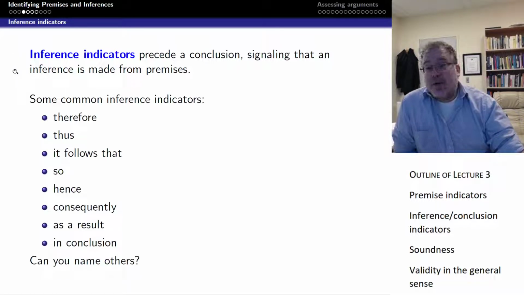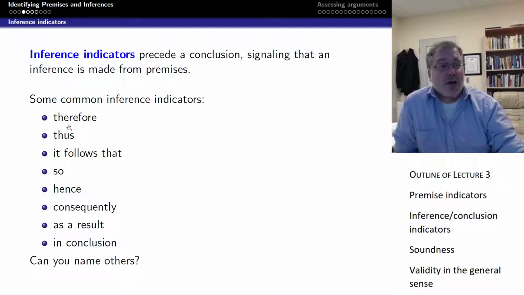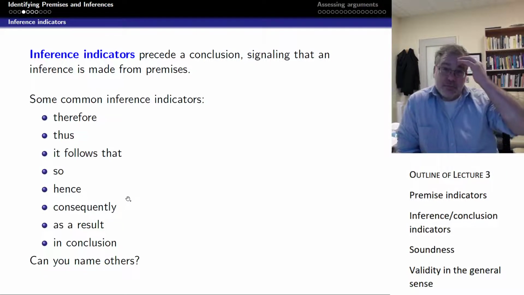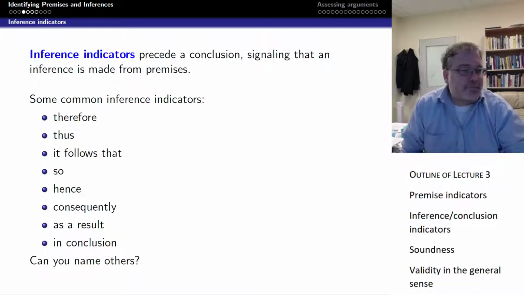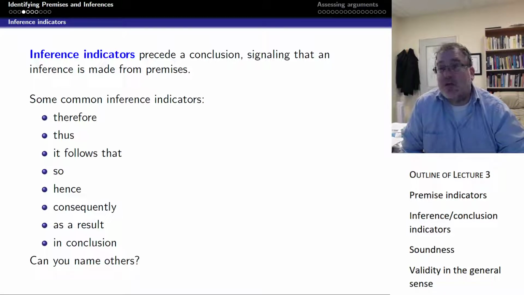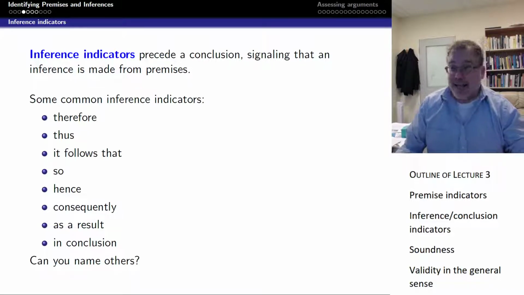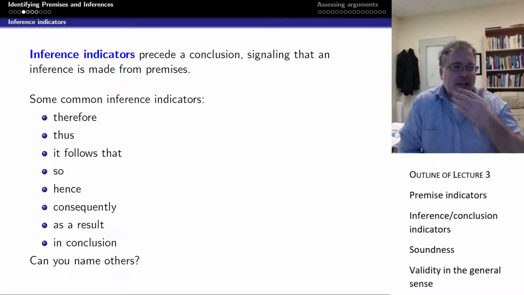Some of the most common ones are therefore, thus, it follows that, so, hence, consequently, as a result, in conclusion. Those are very common ones. There are, again, others. An example could be "this entails that," and then you follow with the conclusion. And again, there are many more.